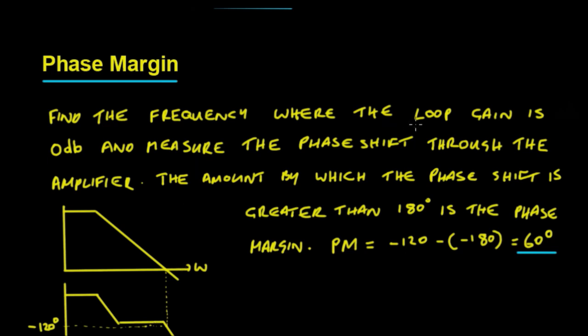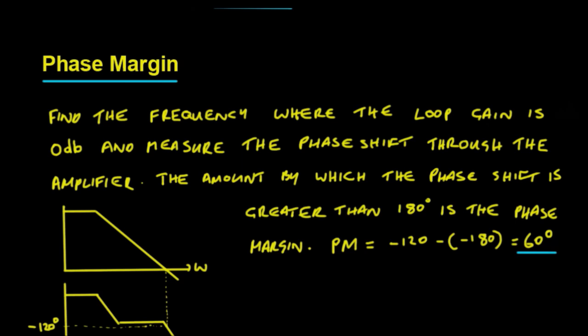And we make sure that the phase at this 0 dBs is less than 180, so that means that at no point along this curve is there a gain at 180 degrees of phase shift.